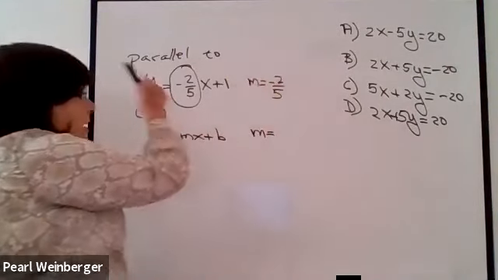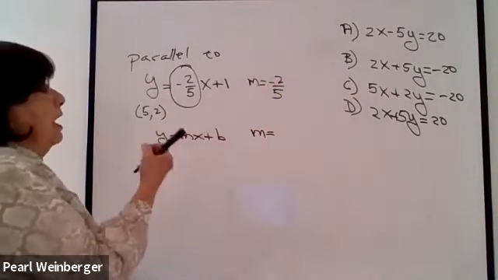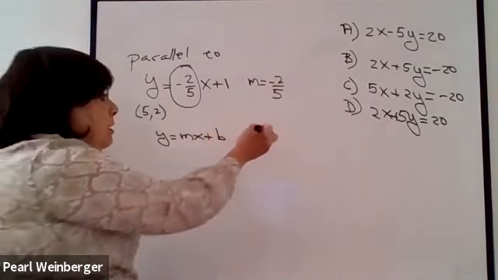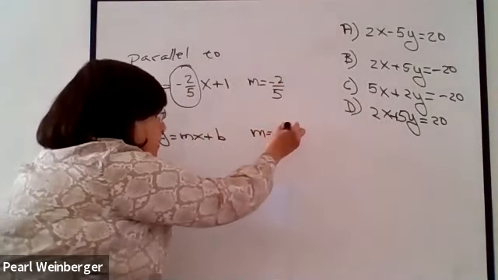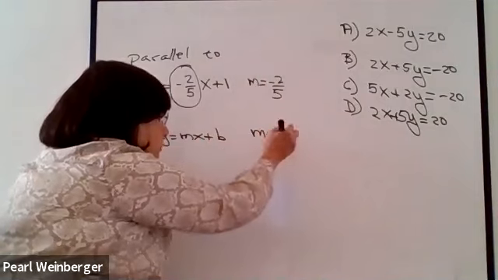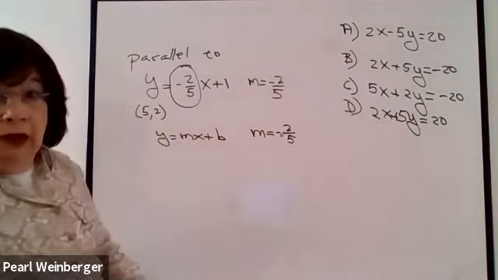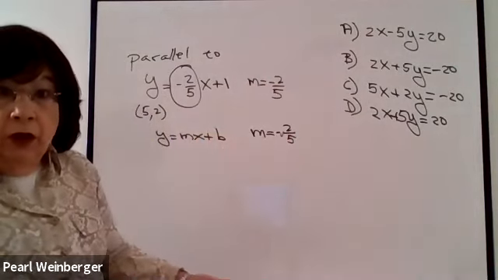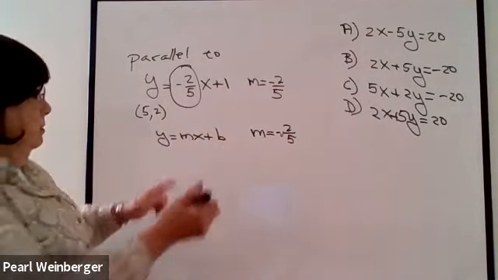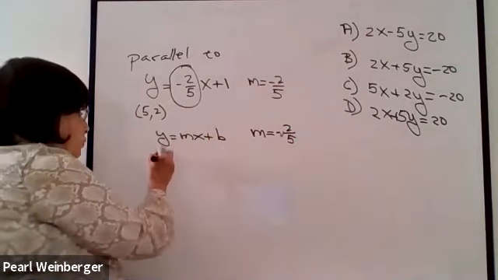That's the slope of the line that they gave me. And since I want my line to be parallel, my slope will also have to be negative 2/5. That being the case, what we have to do is replace the m with negative 2/5.